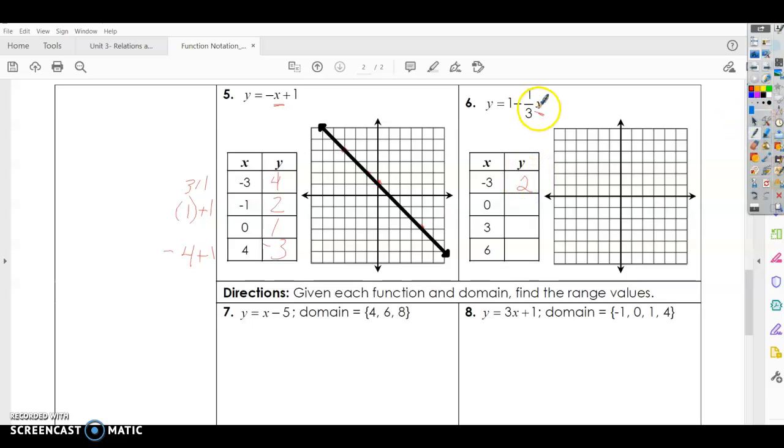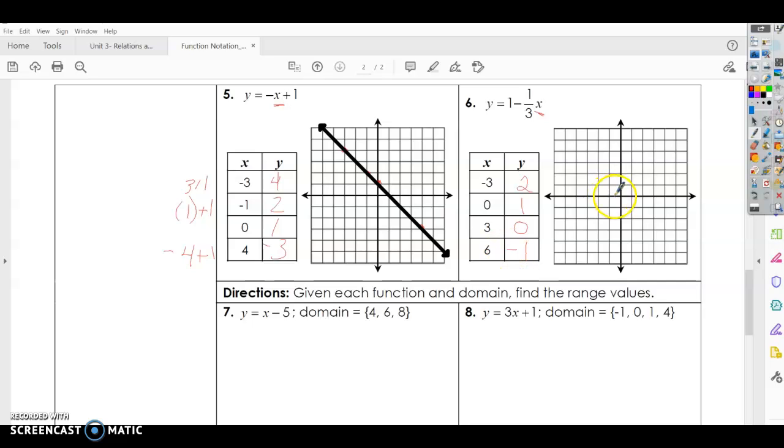All right, take 0. 0 times anything is 0. 0 plus 1 is 1. 3. -1/3 of 3 is -1. -1 plus 1 is 0. And then -1/3 times 6. -1/3 of 6 is -2. 1 plus -2 is -1.